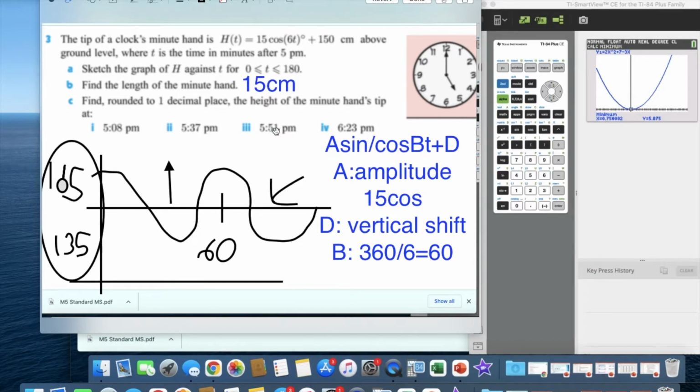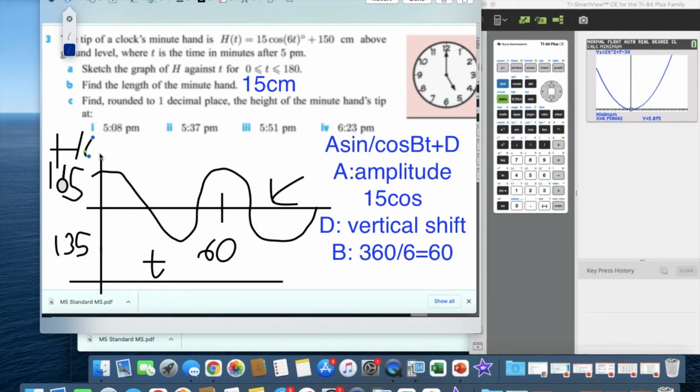Find, rounded to one decimal place, the height of the minute hand's tip at each of these times. Okay, we've decided that the y-axis is the height. So let's label that with the heights, just so we remember. And we know that the x-axis is the time, because in the function it's to do with t, which is the time.